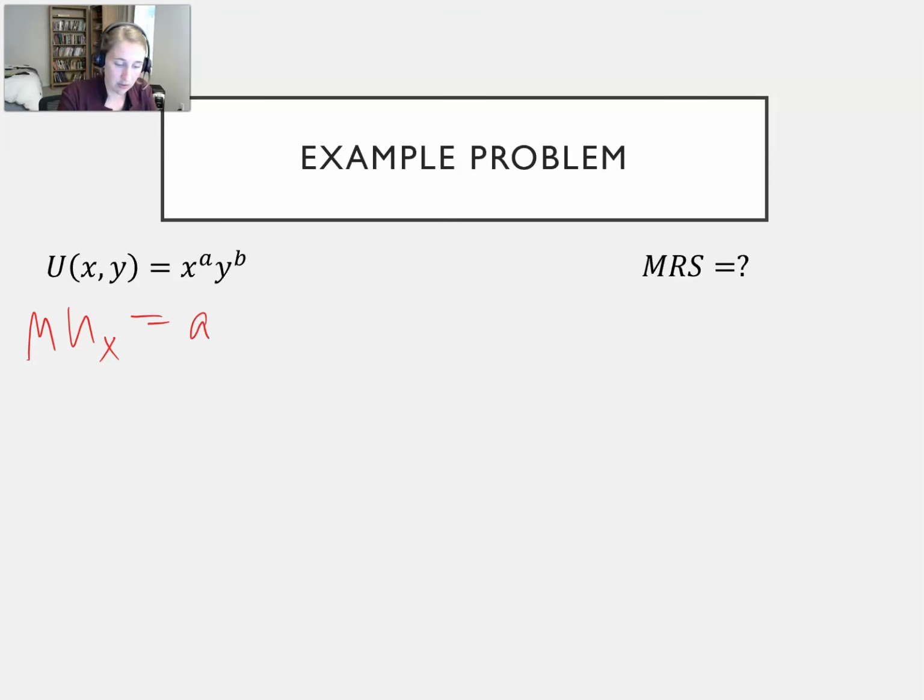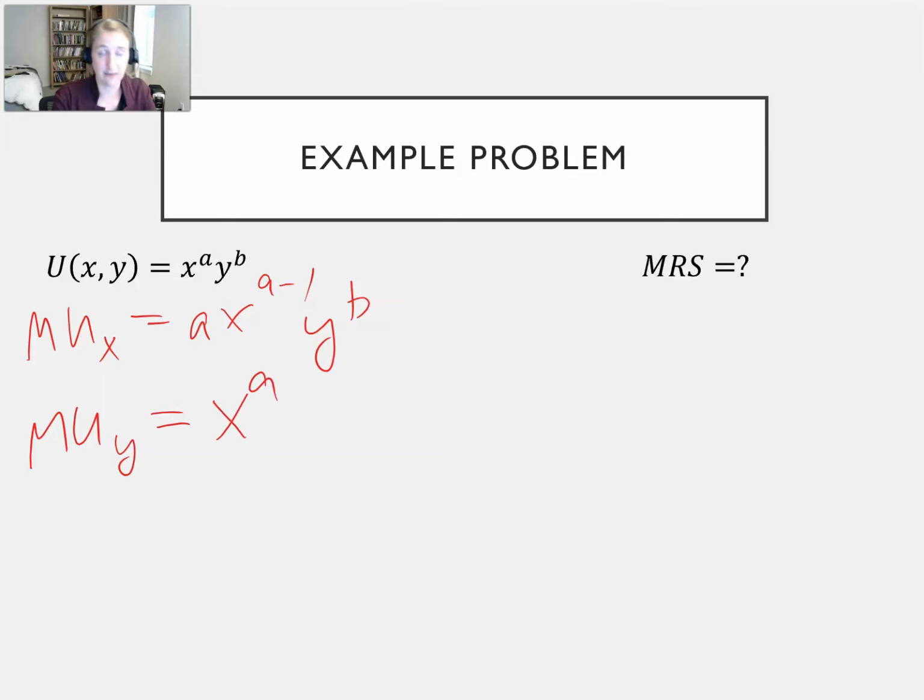And so the marginal utility of x is a x to the a minus 1 times y to the b, because I just leave that y alone because it's just a constant. Now I take the marginal utility with respect to y, and from that partial derivative, I treat x like it's a constant. So I just leave it alone, and I take the partial with respect to y, and I get b y to the b minus 1.